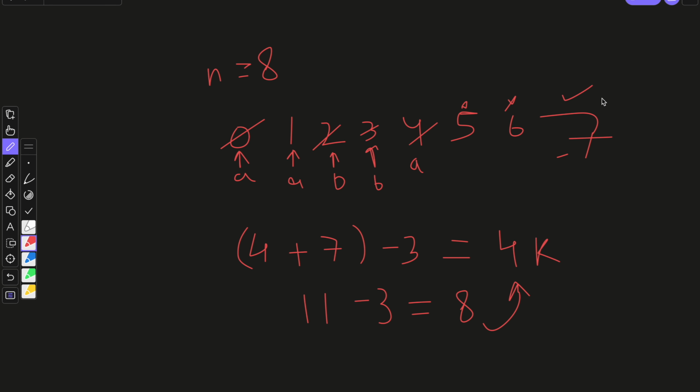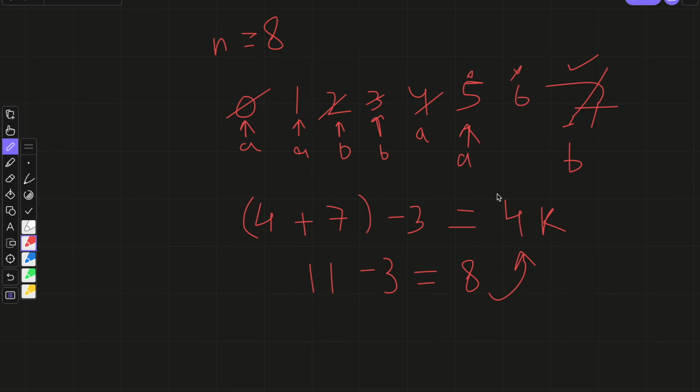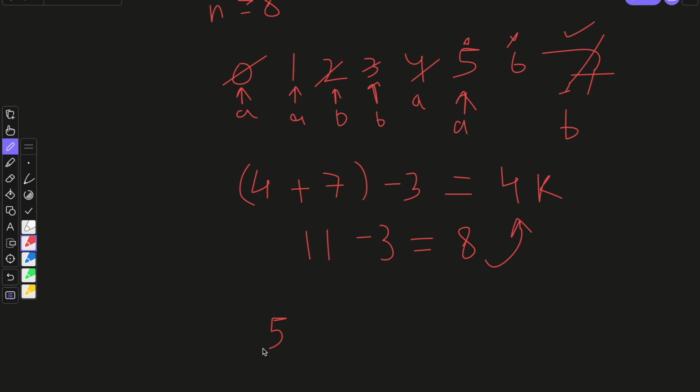So Bob will be picking 7. Let's see if Alicia picks 5, then what happens? Bob only has a choice to pick 6.